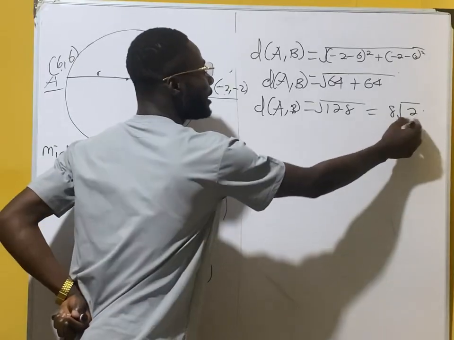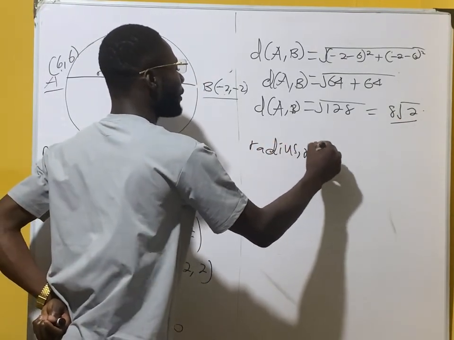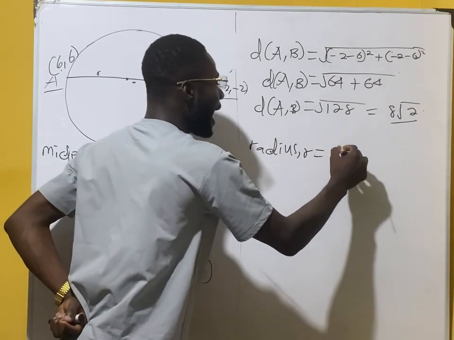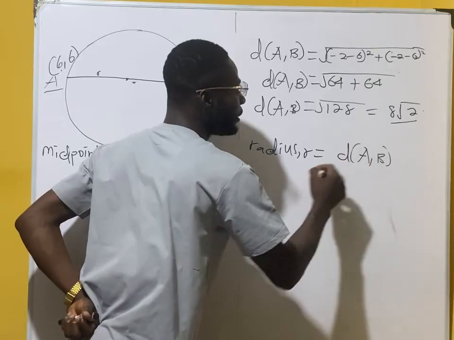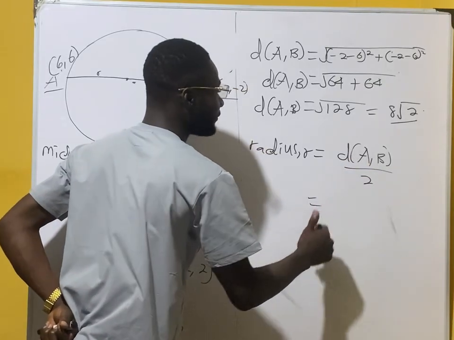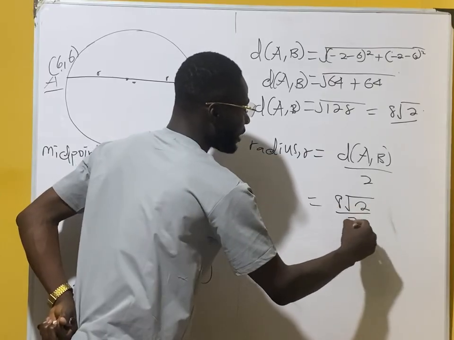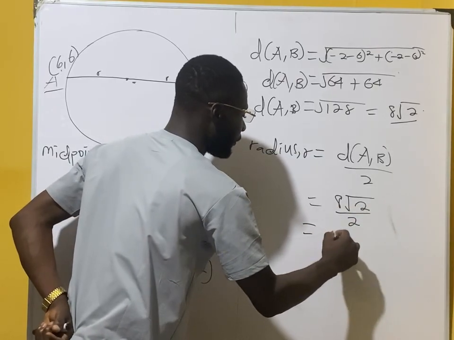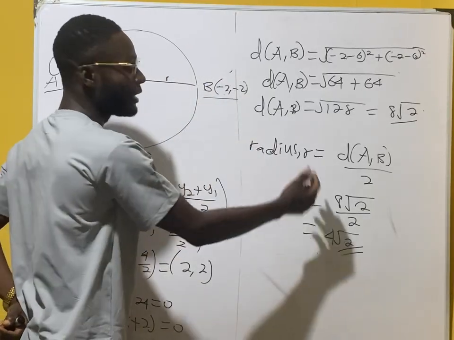So the radius r will be equal to half of the distance AB, which is 8 square root of 2 over 2, so we're going to have 4 square root of 2. That becomes the radius.